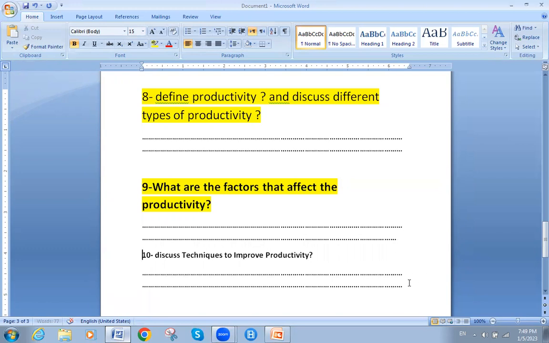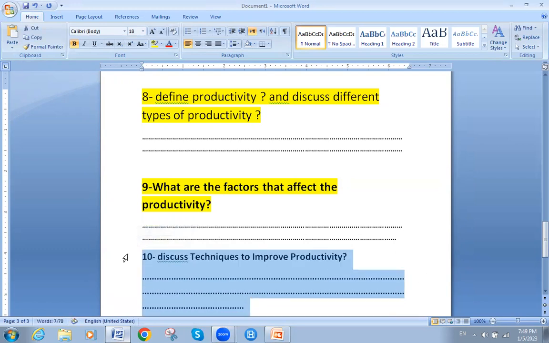So we have these 3 questions today: defining the productivity, the factors that affect the productivity, and techniques to improve the productivity. Shall we freeze the screen for about 5 minutes to get your answers for the 3 questions before we move to the next part of this lecture. Thank you so much.